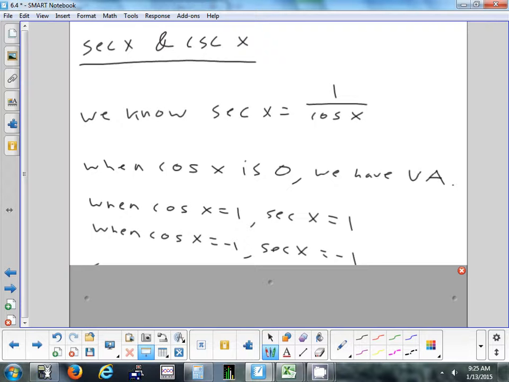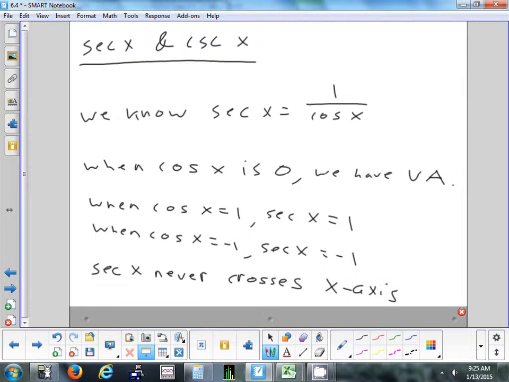That fraction still would never be 0. Even if you did 1 divided by a million, it's pretty small, but it's not 0. So secant can never hit 0, which means it never crosses the x-axis. There are no x-intercepts for secant. Every graph we've done so far had x-intercepts: sine, cosine, tangent, and cotangent. This one won't.